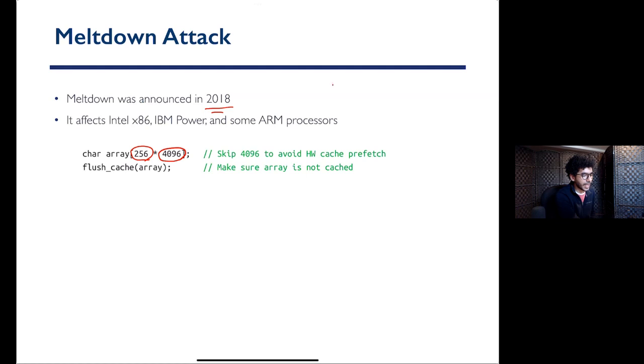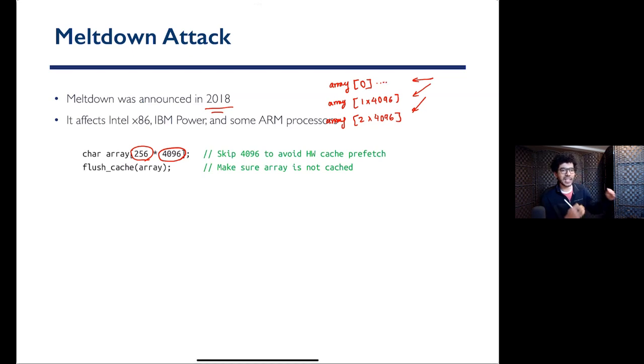So I'm multiplying it with this large number to make sure that array 0, and then array 1 times 4096, and then array 2 times 4096, are now in different blocks, because I have enough bytes here to make sure that these are not in the same block.